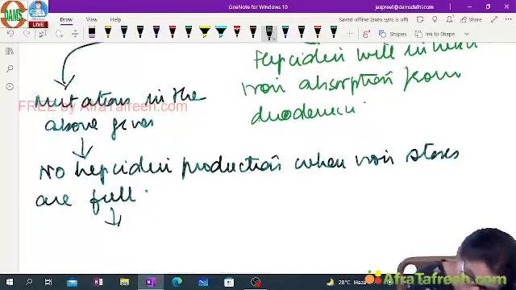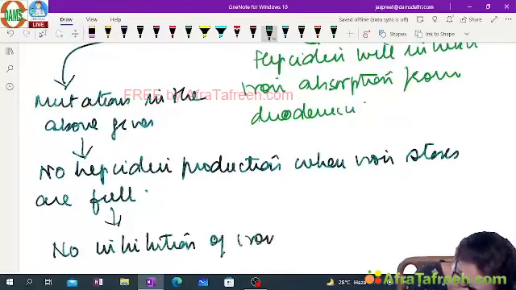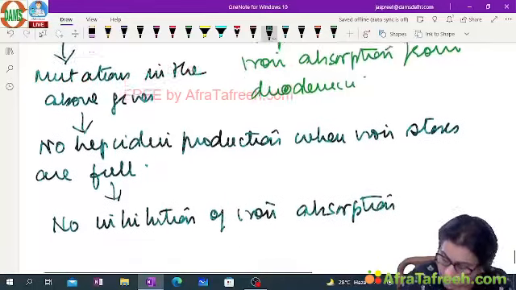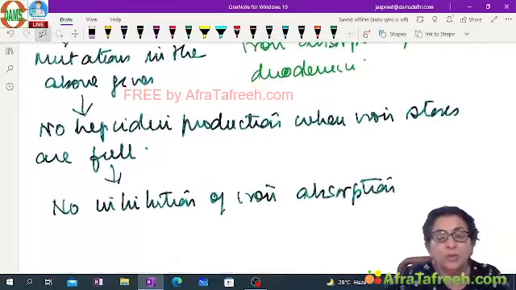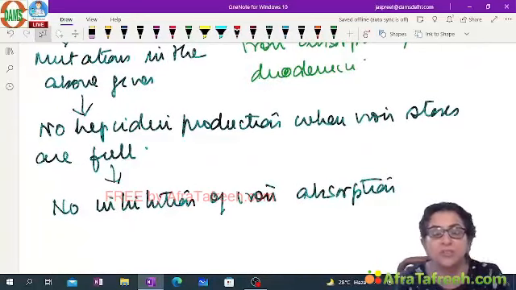So there is no inhibition of iron absorption. Iron goes on and on getting absorbed, and it deposits in the various tissues of the body.